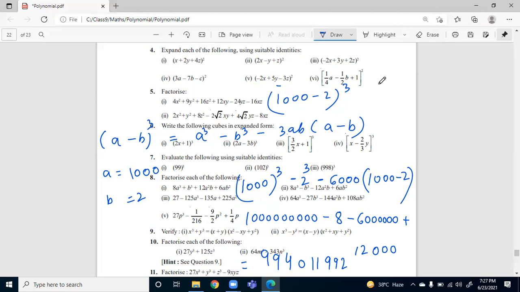Okay, so let's move to question number 8. You have to factorize each of the following. If it is written, then I can erase and we can move to question number 8, first part.